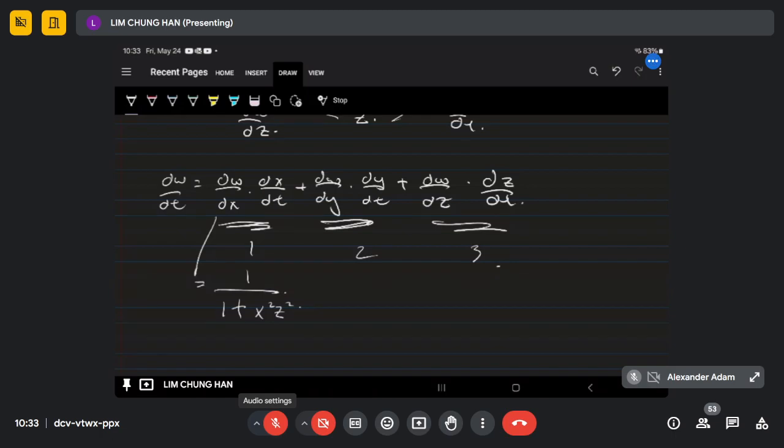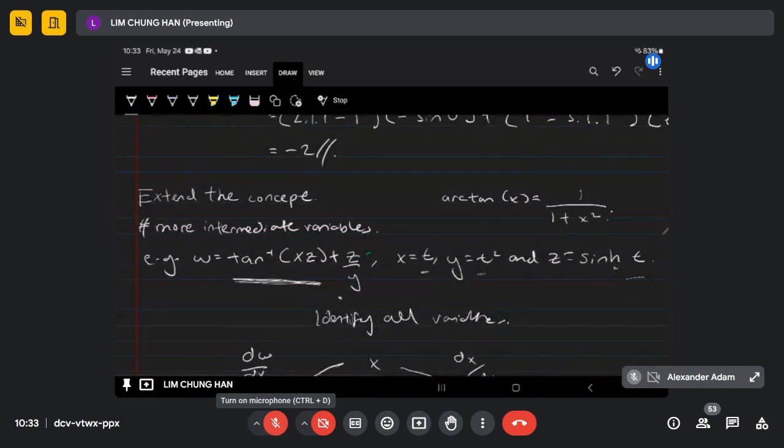Yeah. Times d over dx of xz. Okay. But it's not finished yet, there's more at the back. Here, there's another one: z over y. Okay, z over y. z is constant because we are differentiating against x, and y is constant.